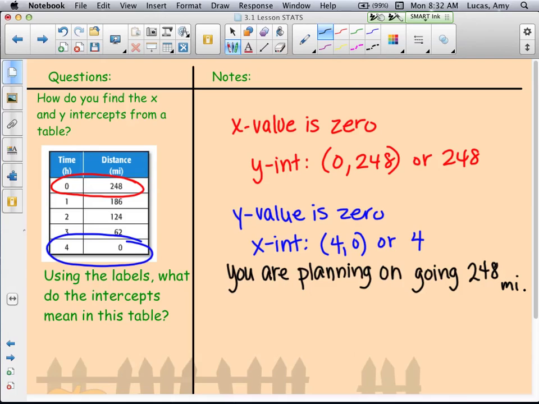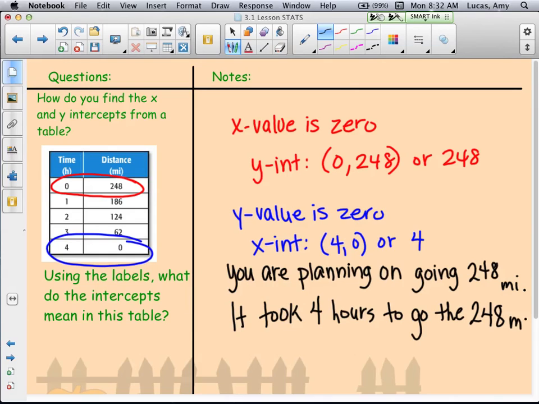So that's the plan at the beginning. And then at the end it took 4 hours. So then I'm going to say it took 4 hours to go the 248 miles. There we go.